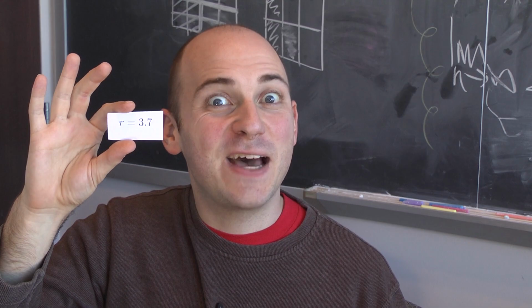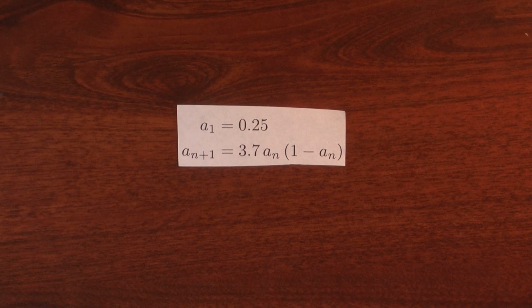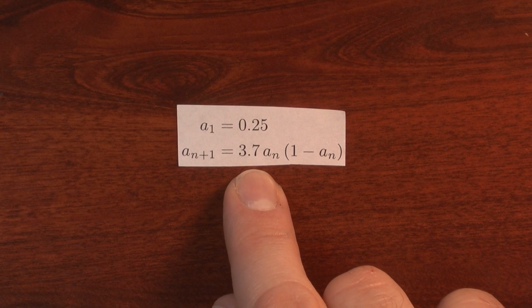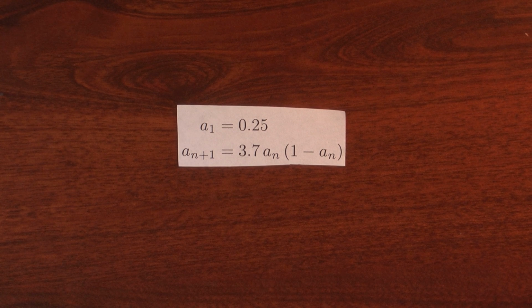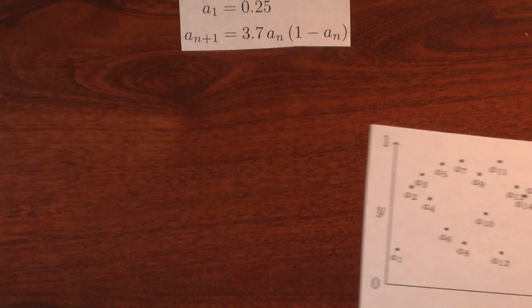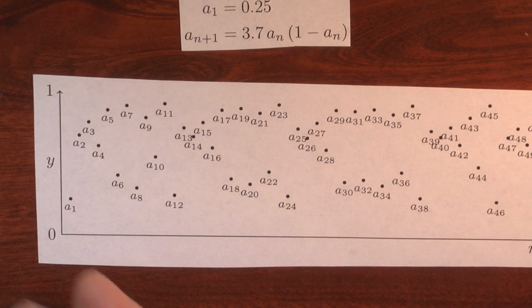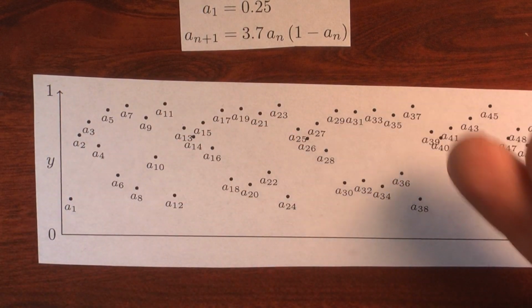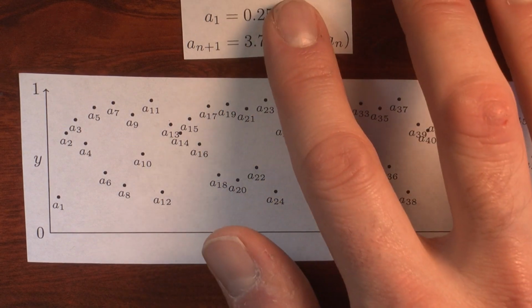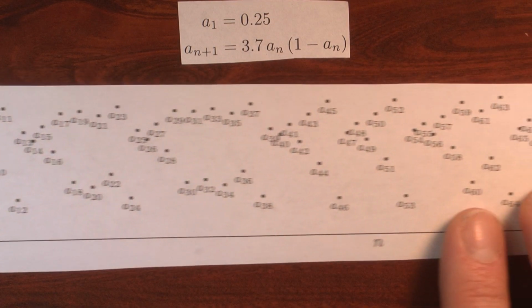Let's try another example. Let's try r equals 3.7. So same initial value, 0.25, but now 3.7 is my value for r. What does this sequence look like? Well, I can start graphing the terms in this sequence, and wow, it just looks like garbage. There just doesn't seem to be any pattern at all.